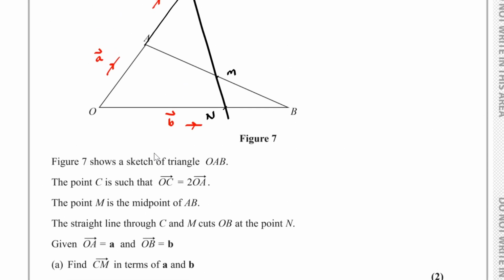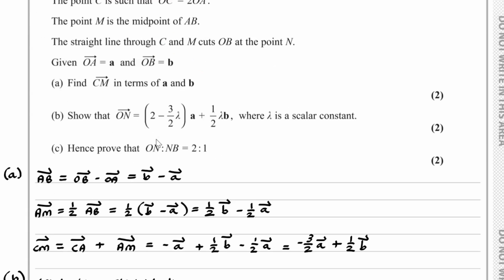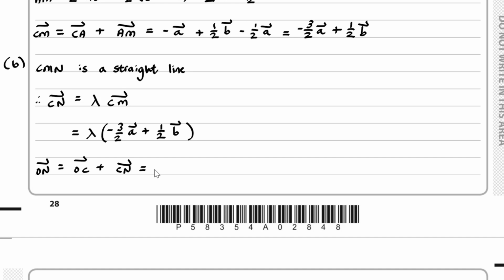OC, starting at O, finishing at C, that's twice A. So here we have 2A plus CN, which we worked out here. So that's lambda lots of minus 3/2 A plus 1/2 B.